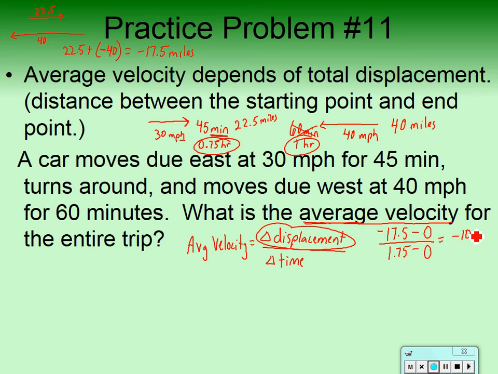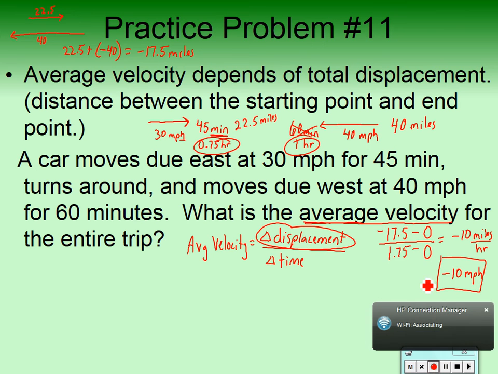And what were we measuring in? Miles. And the time was measured in hours. So negative 10 miles per hour would be his average velocity. Now, can you really go negative 10 miles per hour? No. What is the sign telling us here?